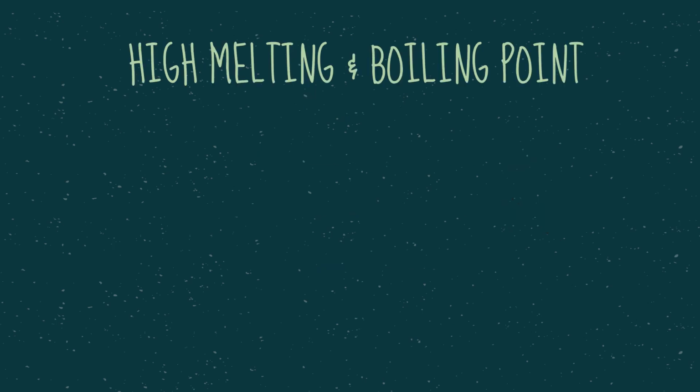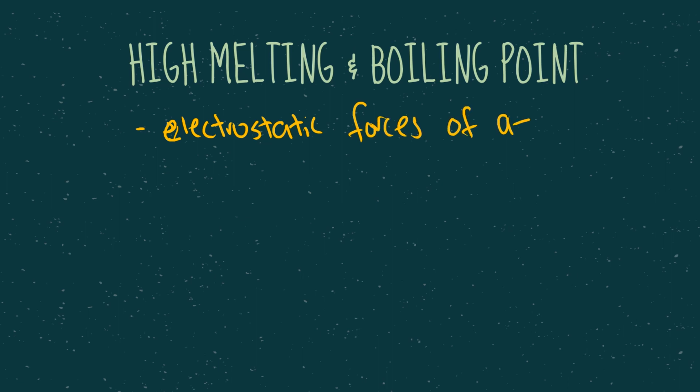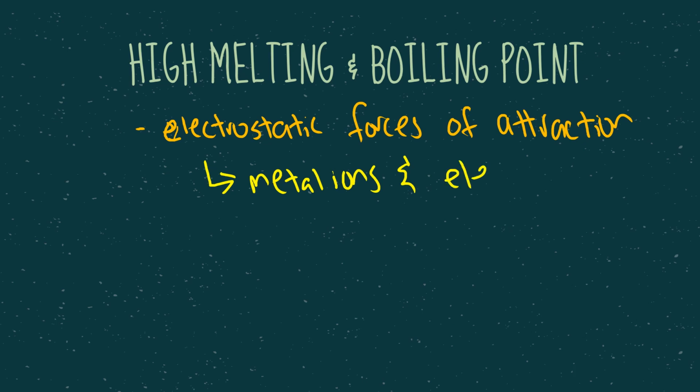So for high melting and boiling point, the high melting and boiling point comes about due to one thing, and it is due to the electrostatic forces of attraction. These forces of attraction are between the metal ions and the sea of electrons.